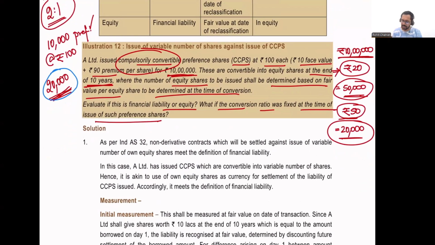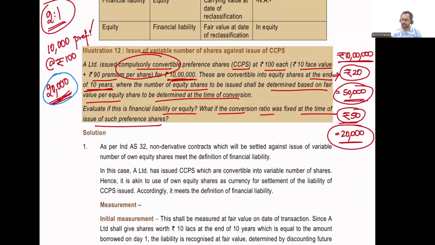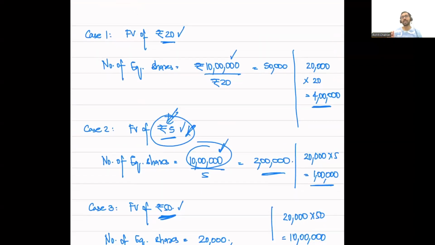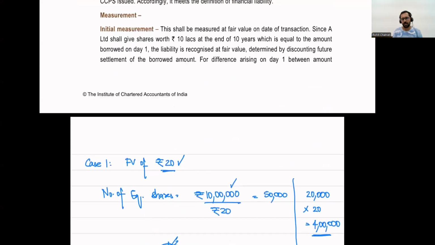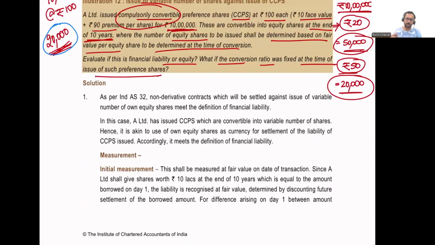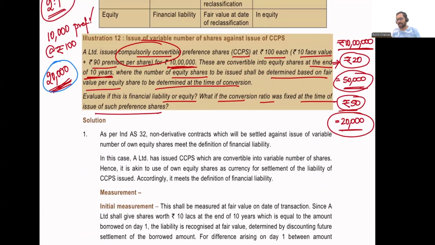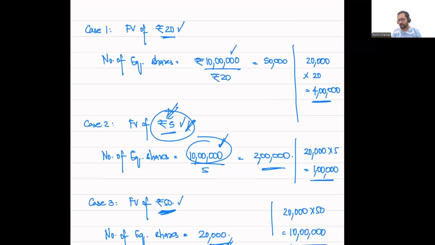Also, just as a passerby reference, the logic that I gave you with regards to equity being exposed to residual net assets, that's not what the institute material says, although that is how you're actually supposed to read it. Over here, what the institute is saying is where the number of equity shares is actually varying, it basically means that you're using your equity shares as a currency.